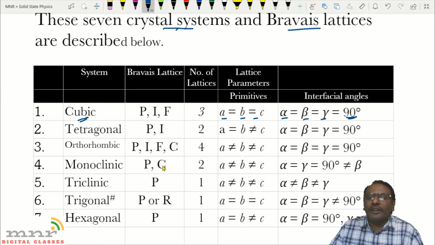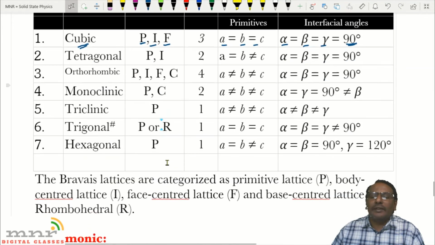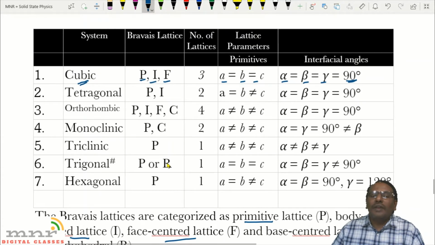For a cubic system, three Bravais lattices are possible: P is the primitive lattice, I is the body centered lattice, and F is the face centered lattice. So we have three different space lattices possible in a cubic crystal system.